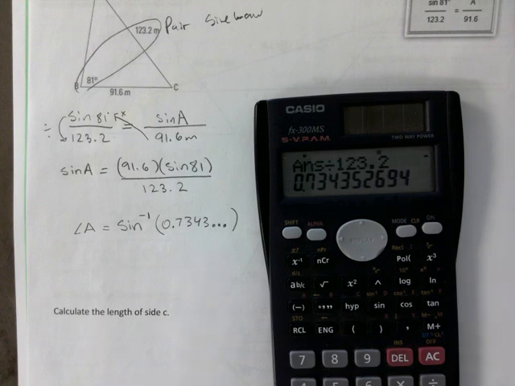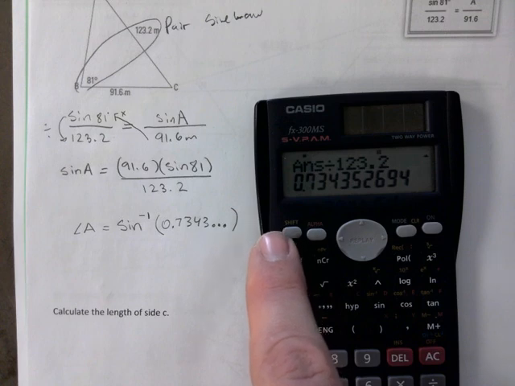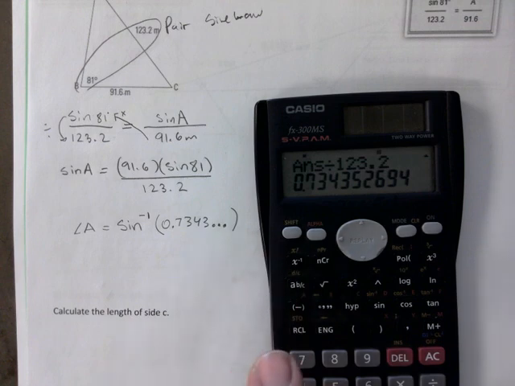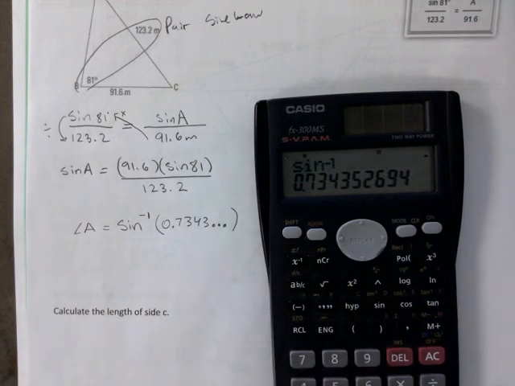So what you need to do now, depending on your calculator, it's either shift, or second F. Those are the two that come to mind right now. Shift, sine, and when I press equal now, it's going to take the inverse of whatever is on your screen.